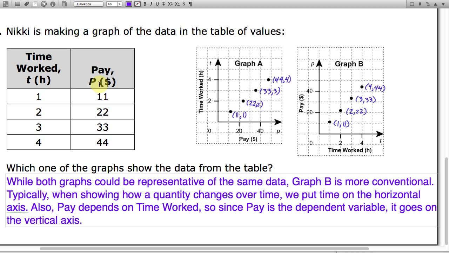Typically, dependent variables are put on the vertical axis, whereas independent variables are put along the horizontal axis. That's just typically how things are done in math. So the dependent variable goes on the vertical axis and the independent variable goes on the horizontal axis.